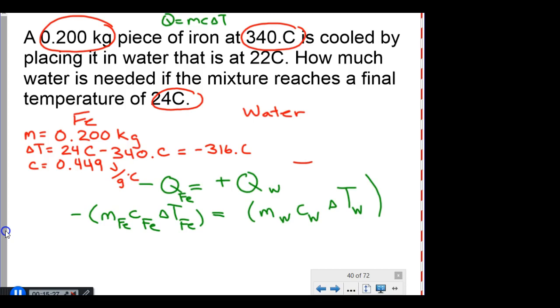This one is kilograms. You need to change one of them. Which one is going to be the easiest of the two? Far easier. So, times 1,000 grams divided by 1 kilogram is going to give us 2.00 times 10 exponent 3 grams.